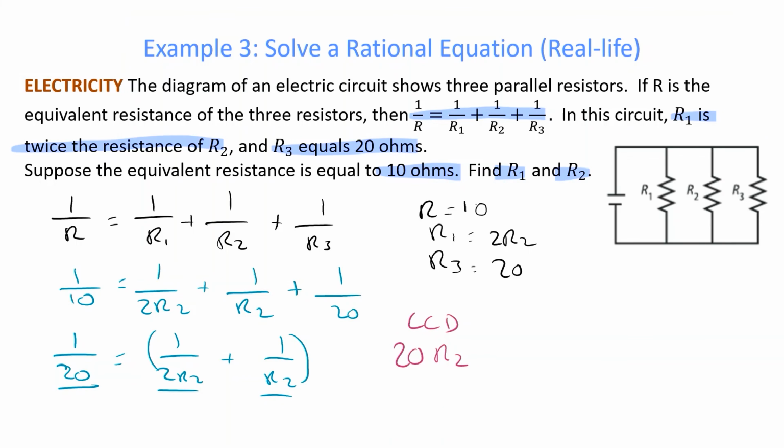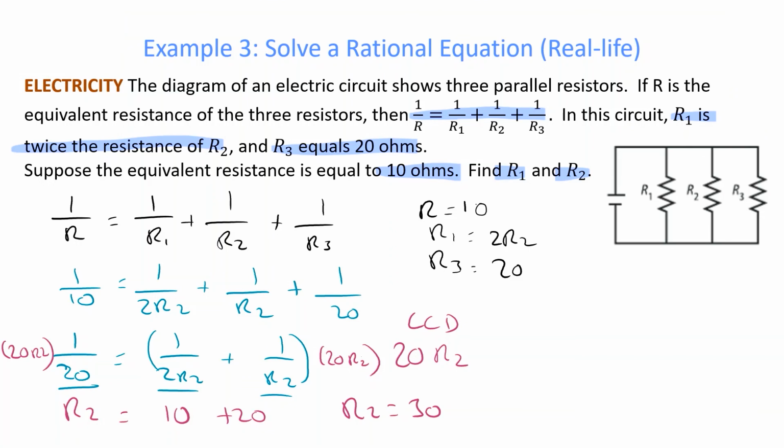So I'm going to multiply everything by 20R2. So by 20R2 and by 20R2. So R2 equals 10 plus 20.